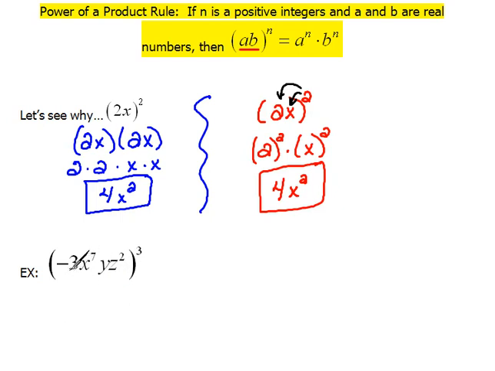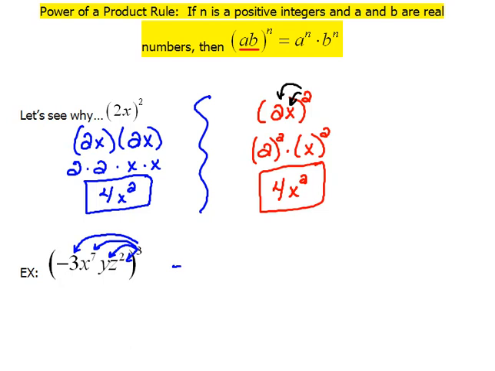So we can take each one of these, because this is a product. Each one of these items is a factor, things that are being multiplied together. So now we can distribute our power to each one of those items.